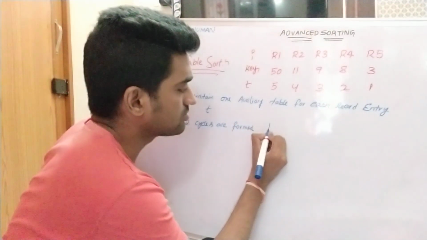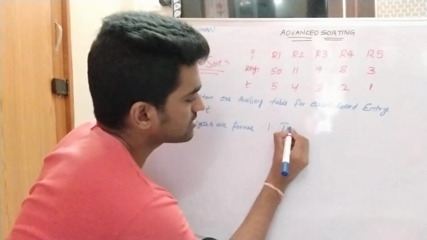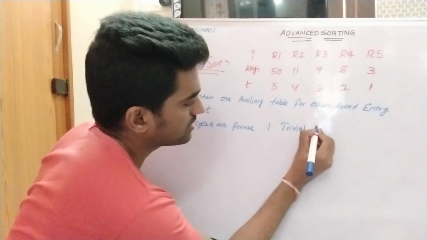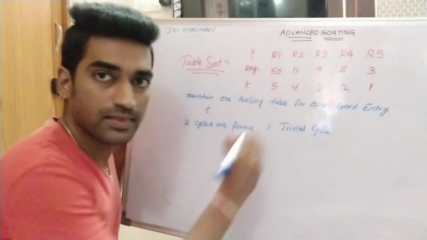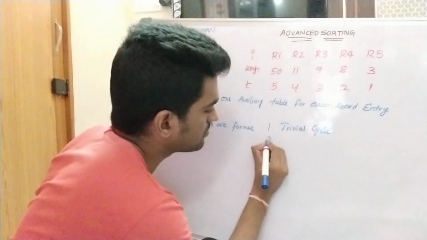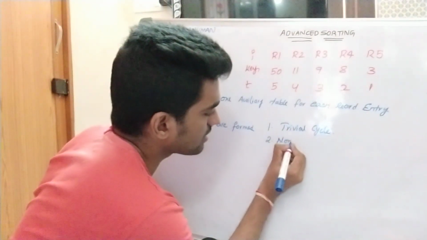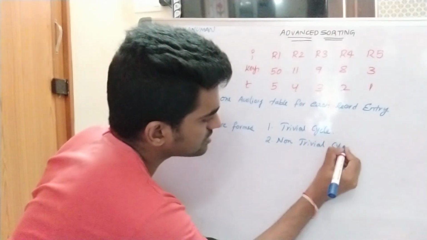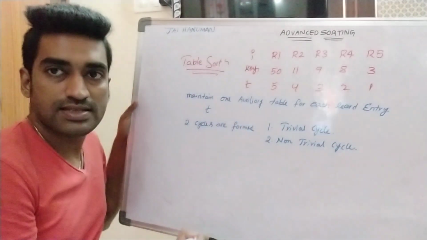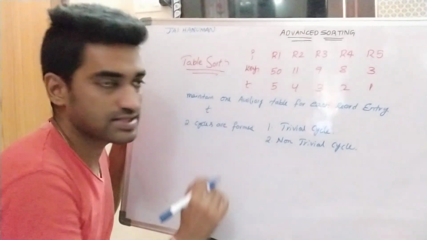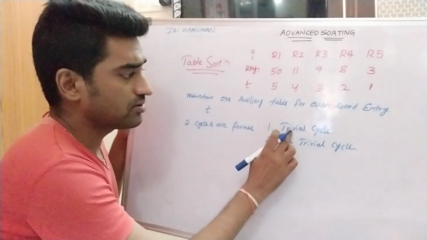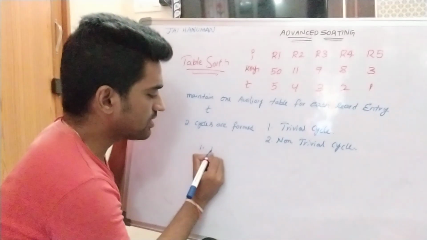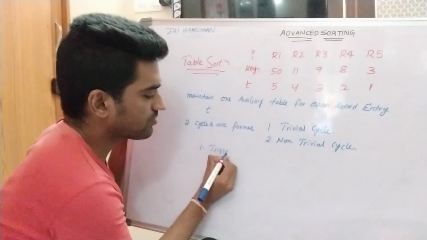One is the trivial cycle, and the second one is the non-trivial cycle. Trivial cycle and non-trivial cycle, right? So what is a trivial cycle and what is a non-trivial cycle?